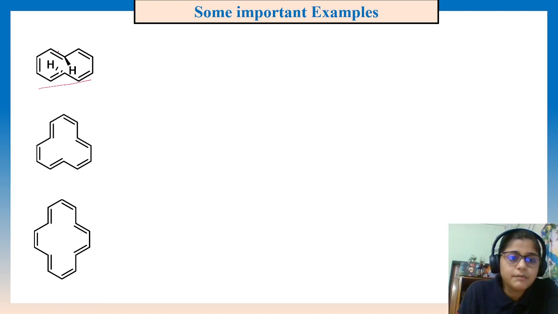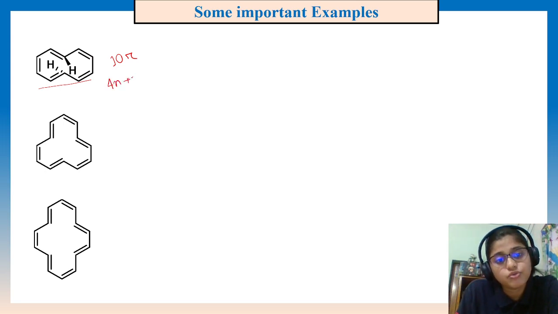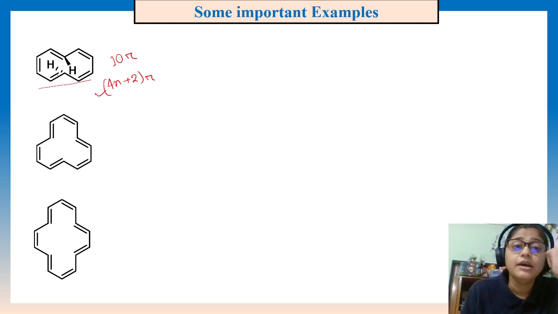So count the number of pi electrons here. 1, 2, 3, 4, 5, 6, 7, 8, 9, 10. 10 pi. It is following the 4n plus 2 pi electron rule, right? It is following. But here, for these 2 hydrogens, there is steric repulsion between the 2 hydrogens.